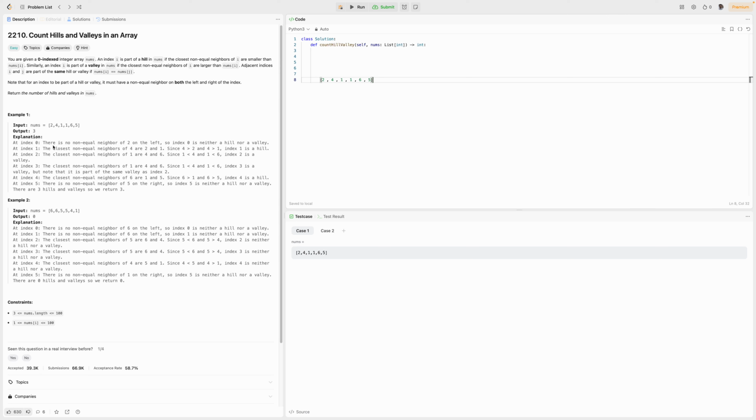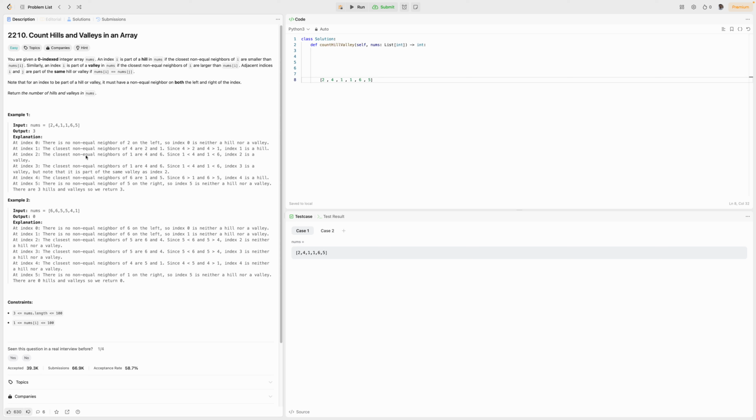Counts hills and valleys. At index 0, there is no non-equal neighbor to the left, so index 0 is neither a hill nor a valley. At index 1, the closest non-equal neighbors of 4 are 2 and 1. Since 4 is more than 2 and 4 is more than 1, index 1 is a hill.